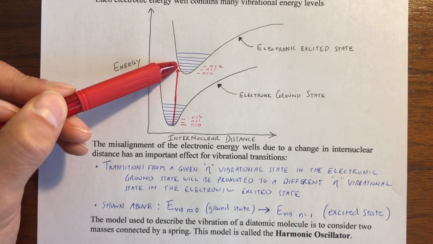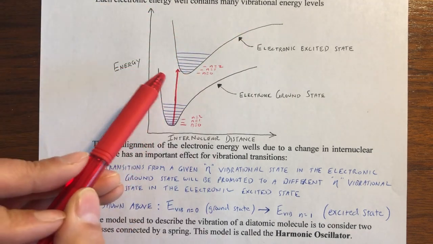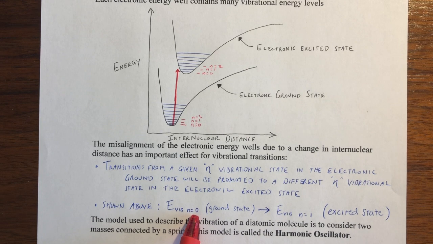Instead, it goes to a higher vibrational level, and that's because the electronic well is further to the right, so it is misaligned. So shown above is the vibrational state n equals 0 in the ground state being promoted to the vibrational state n equals 1 in the excited state.